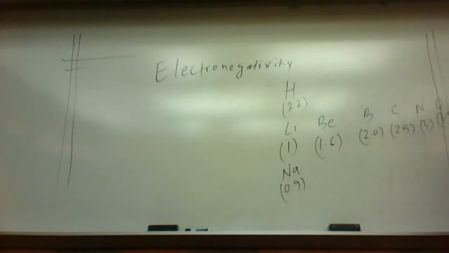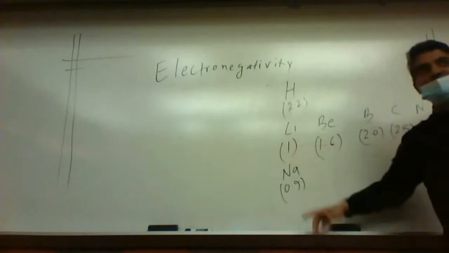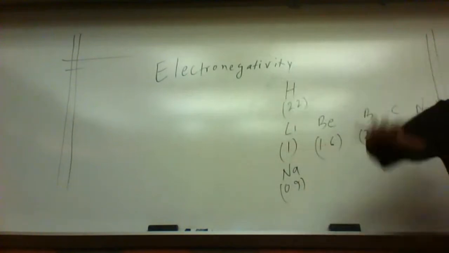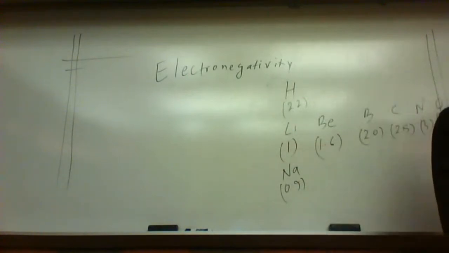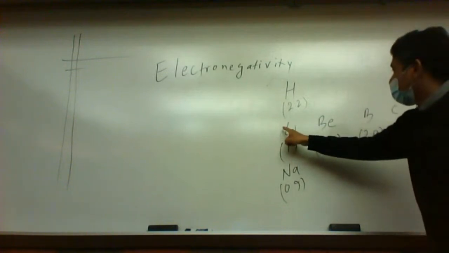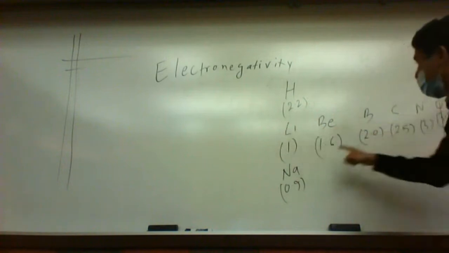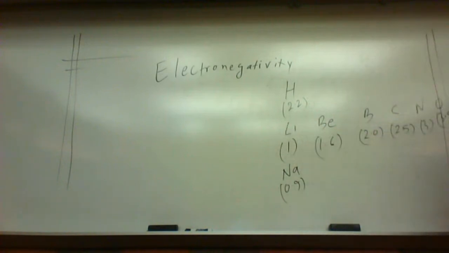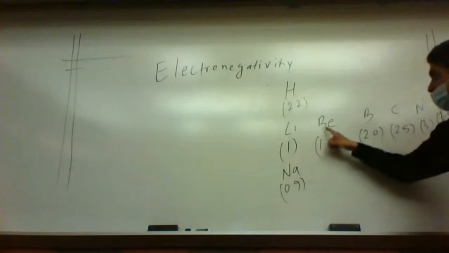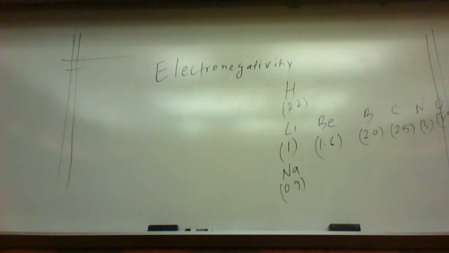So if you look here, the electronegativity value decreases as we go from top to bottom in a group, because their size becomes too big, and when the size is big, they cannot attract the electrons easily. If you go in the period from left to right, electronegativity value increases. So lithium has 1, beryllium 1.6, boron 2, carbon 2.5, nitrogen 3, oxygen 3.5, fluorine 4.